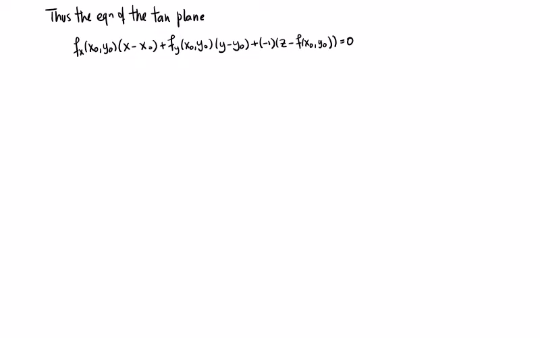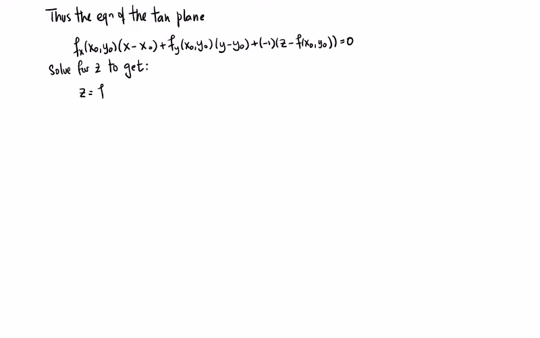So I'm going to solve this for z, just like at the very beginning when we were looking at tangent line approximation, we solved for y. So here I solve for z. We have a negative z, so I'll just move it to the right and write it the other way around.